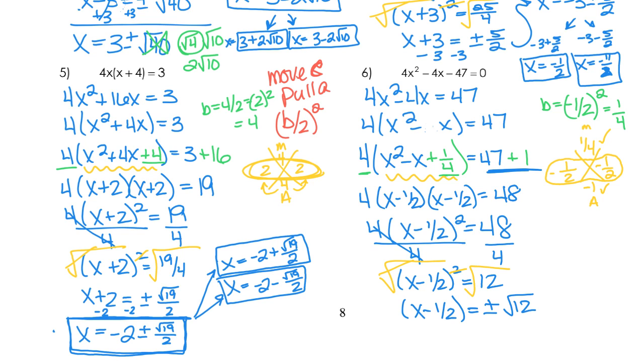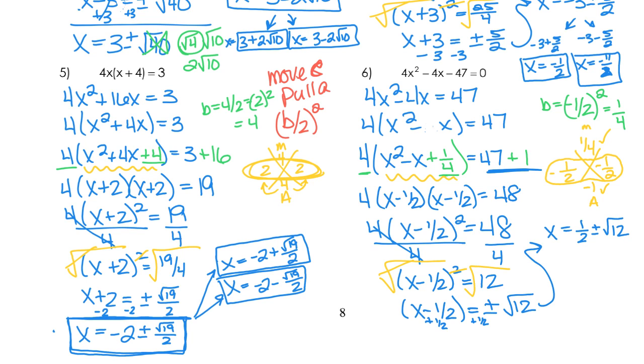Then we'll add our 1/2 over. And don't forget, when we add it over, it goes right in between that equal sign and plus minus sign. So x equals 1/2 plus or minus the square root of 12.